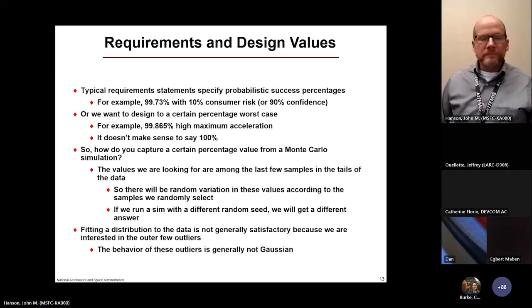We got a question here typed in. Have you ever tried to model the edge behavior using a generalized extreme value distribution or one of its component distributions? We have looked at alternate methods, including that. I don't remember the details.